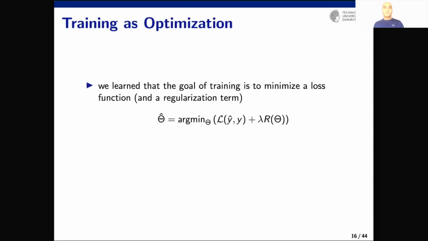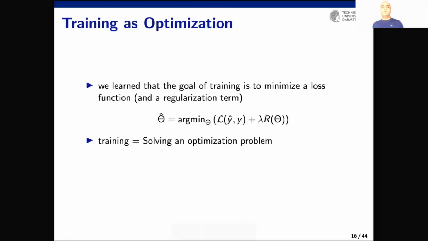Okay, let's get back to our training as optimization. We learned that the goal of training is to minimize a loss function and maybe a regularization term. So we want to minimize the loss over the whole training set plus some regularization term. And the output of this minimization should be some parameters that define our function f.